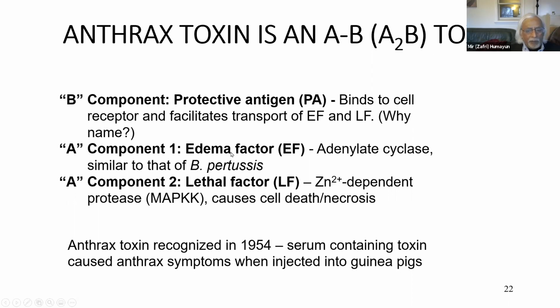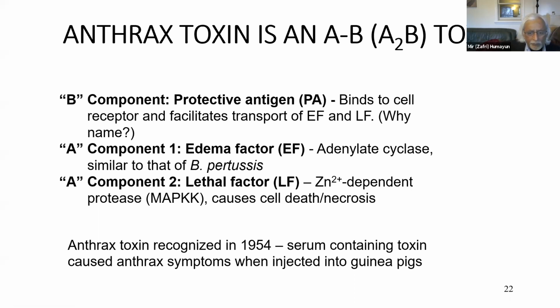A component 1 is called EF for edema factor. This is an adenylate cyclase. That is, this is an enzyme that converts ATP to cyclic AMP. The A subunit 2 is called lethal factor. This is a zinc-dependent protease that cleaves a specific kinase called MAPK kinase that ultimately leads to cell death.